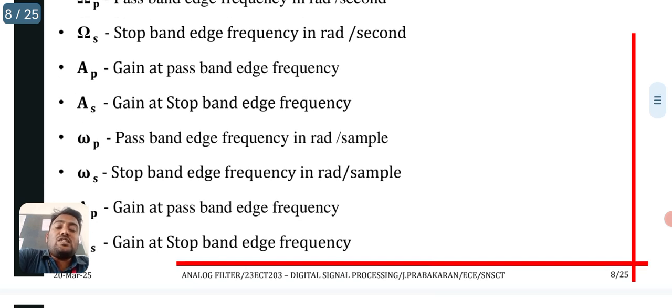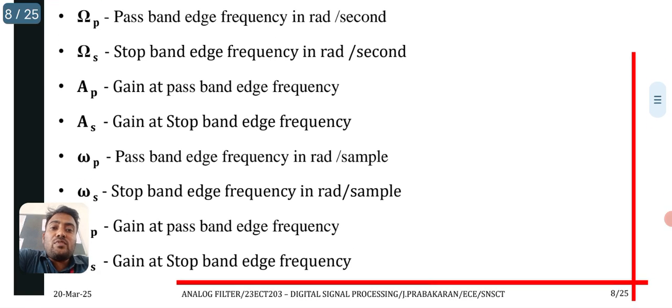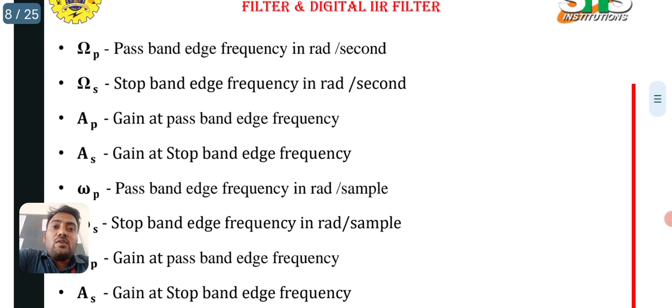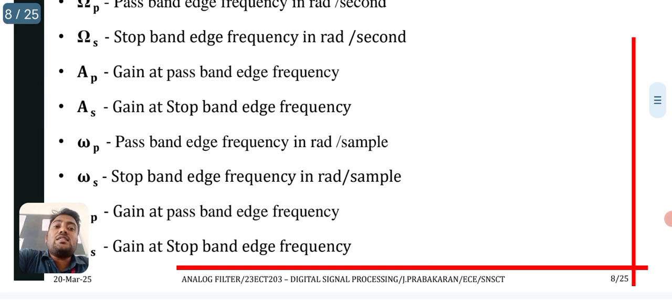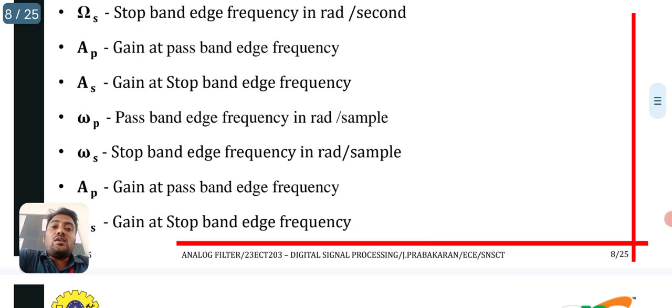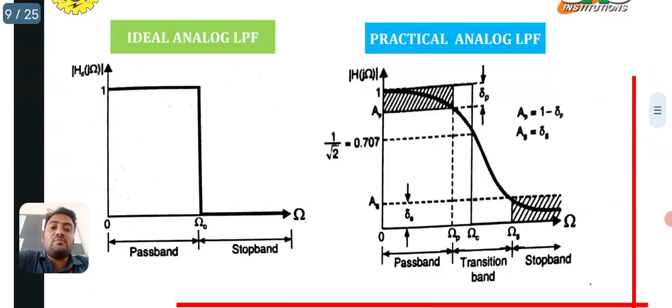You can see here that this omega is different from this omega. The first omega is the analog omega, and the second omega is the digital omega. Omega suffix p means pass band frequency. Omega suffix s is stop band frequency.